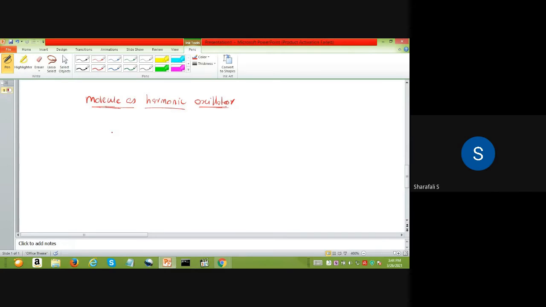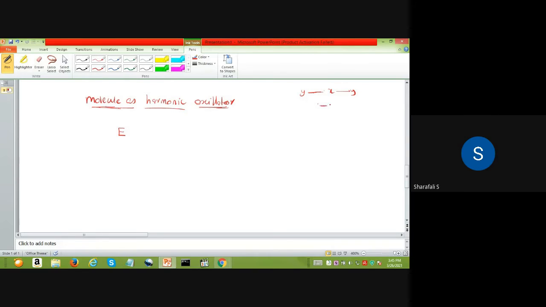For example, for symmetric and anti-symmetric, I will give you another example. Let's say we have one molecule like this, x, y, x. In the symmetric stretching case, what will happen?